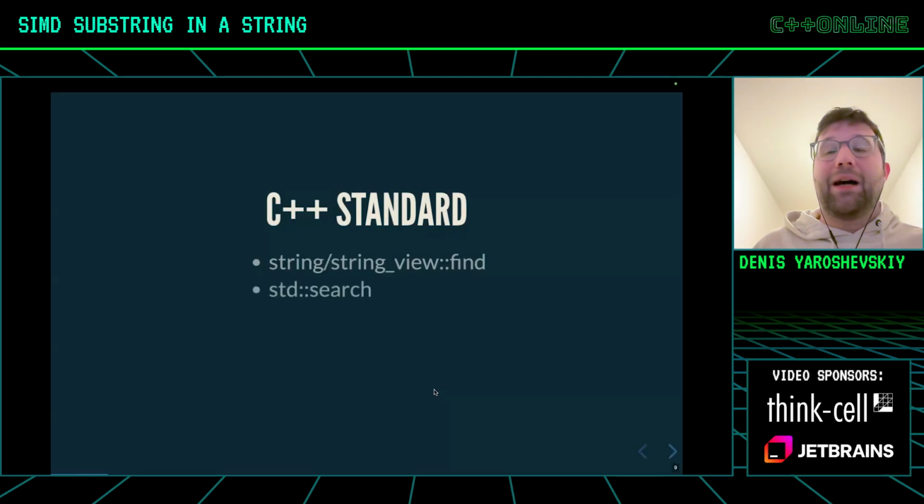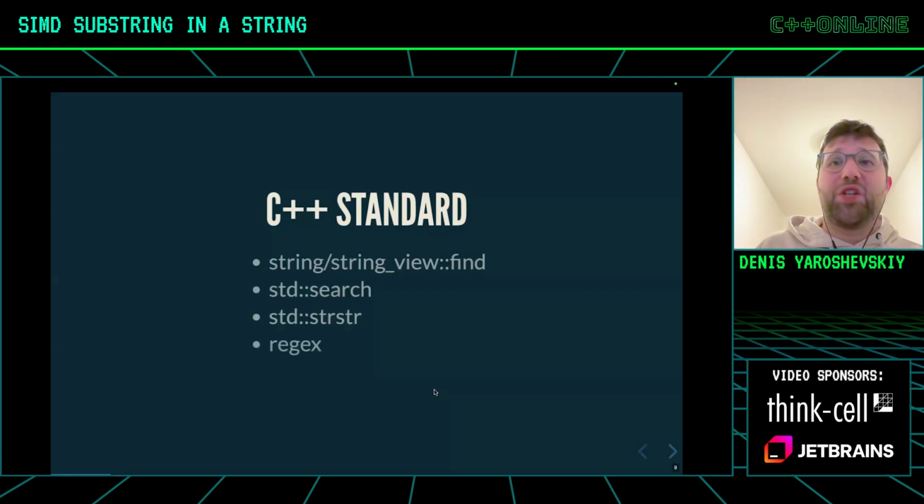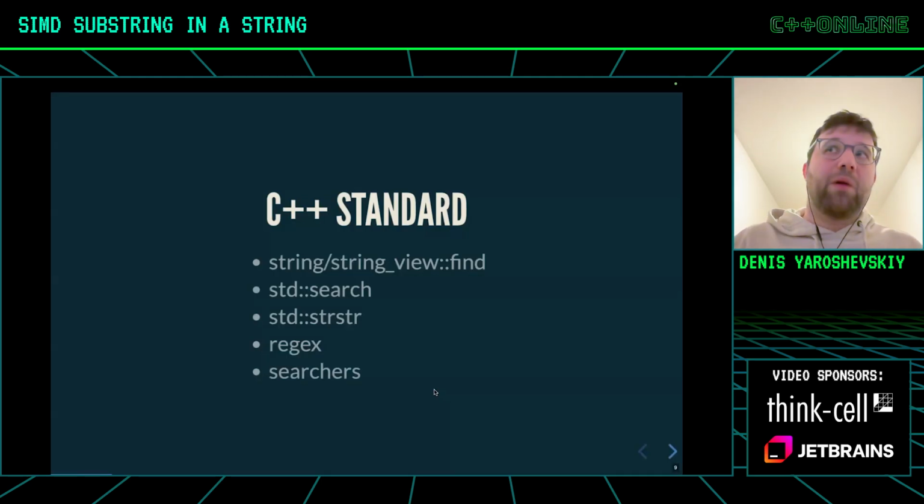There is a standard library algorithm called std::search. It is an iterator solution. There is a C function called strstr, right? There is also regex and searchers. Like, we're not going to talk about searchers, I mean the Boyer-Moore searcher, Knuth-Morris-Pratt searchers, that kind of stuff. We're not going to talk about regex. I just felt like including them.